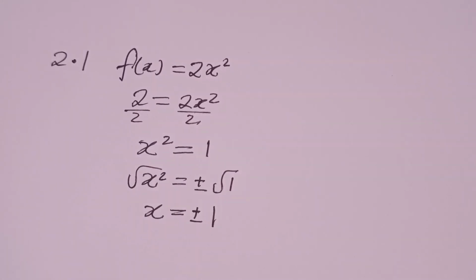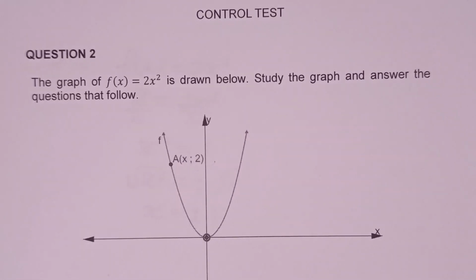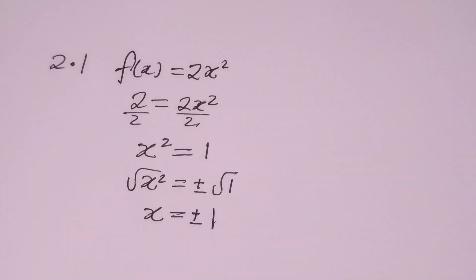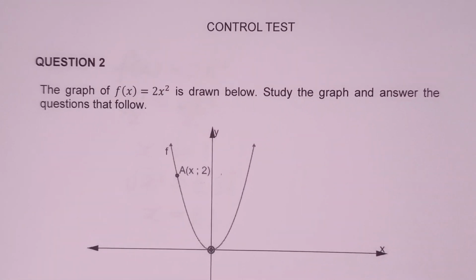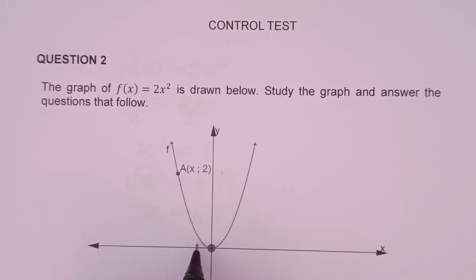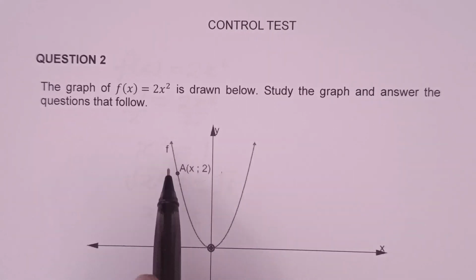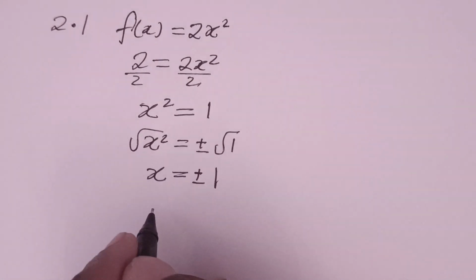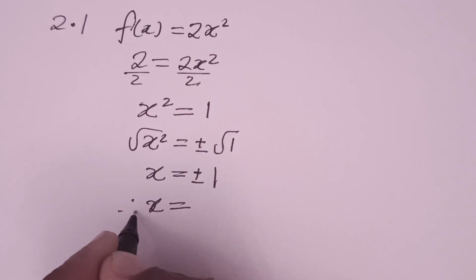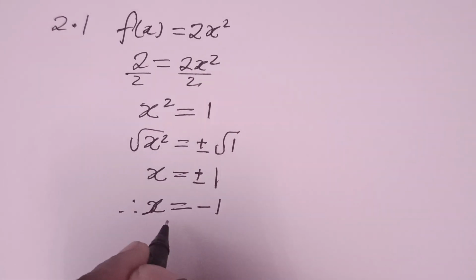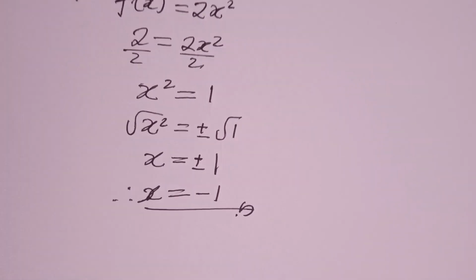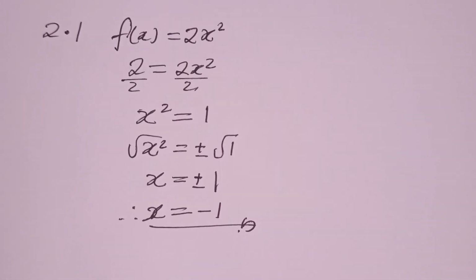But remember, we are on the second quadrant where x is negative. Are we together? So that tells us that x is in fact minus 1. That's the x coordinate of A.